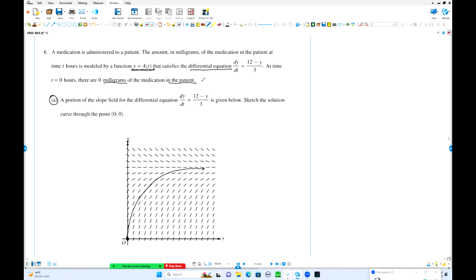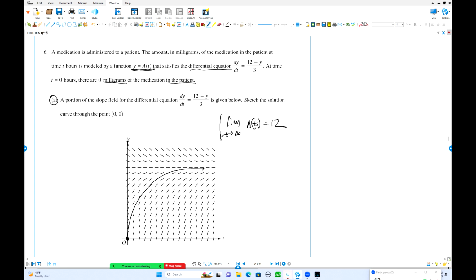So how can you express this one when t goes to infinity? The limit as t goes to infinity of the solution equals 12.